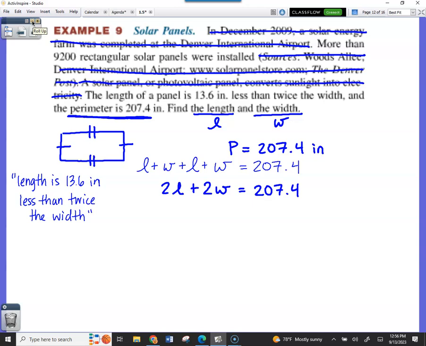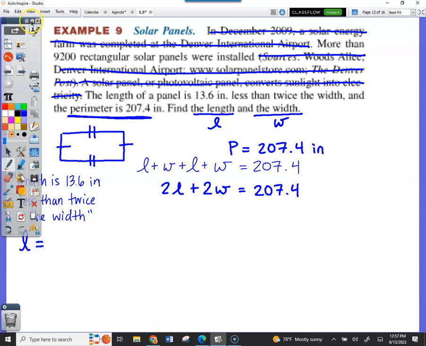The length is 13.6 inches less than twice the width. Okay? If you write this out, length is what letter? L. Is means equals. Be careful right here.